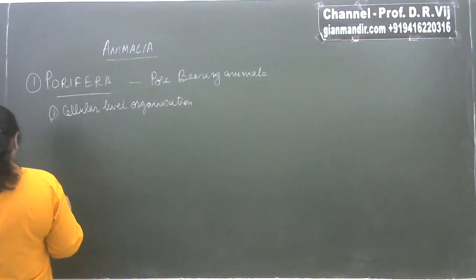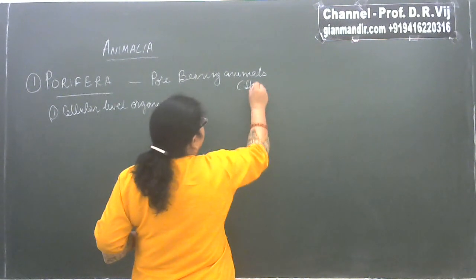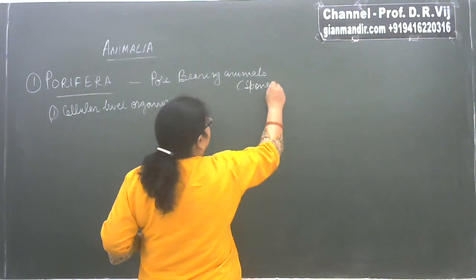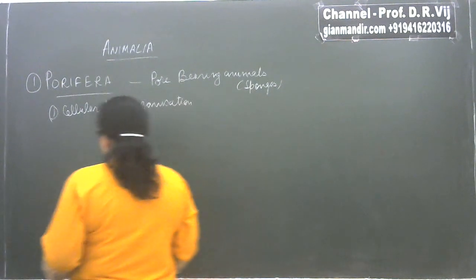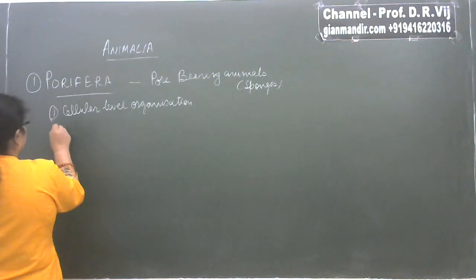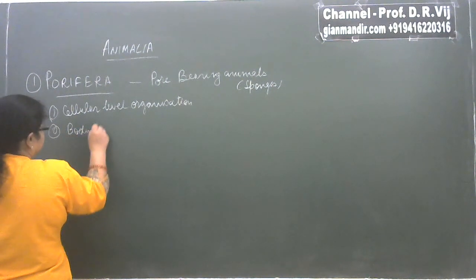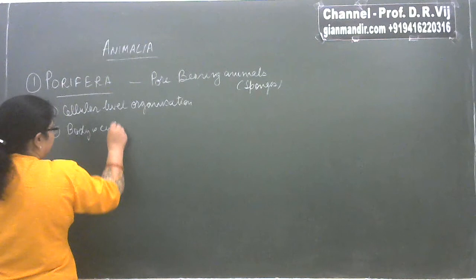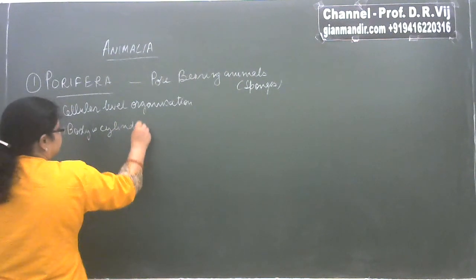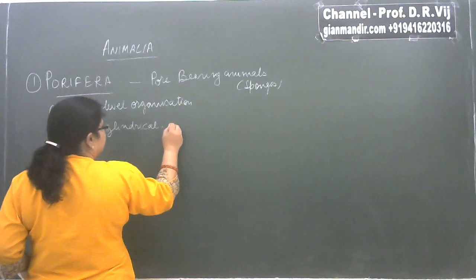That's why they are also commonly known as sponges, due to the presence of pores all over their body. If you look at their body structure, their body is cylindrical and asymmetrical.